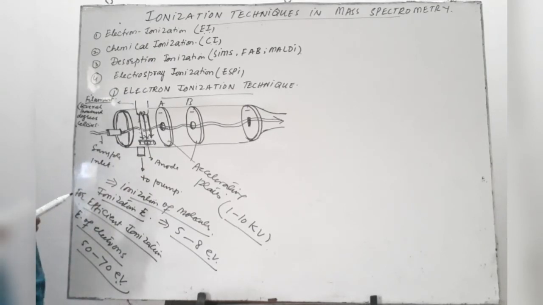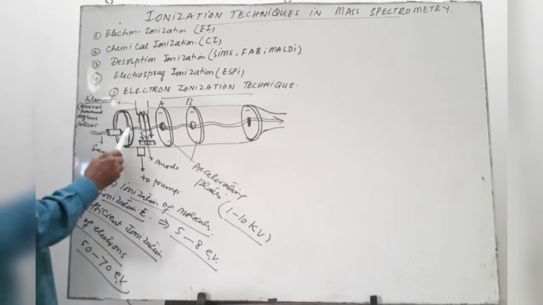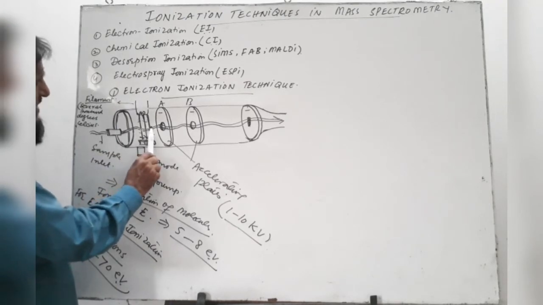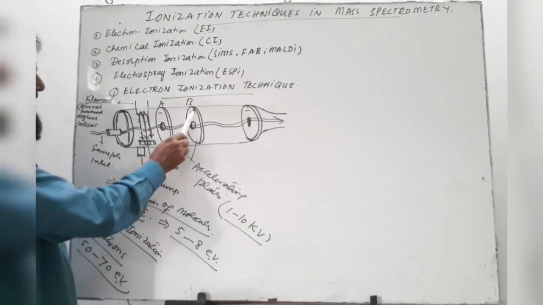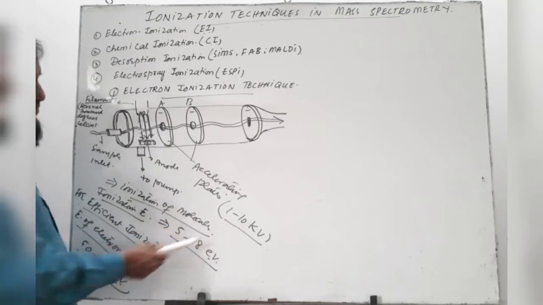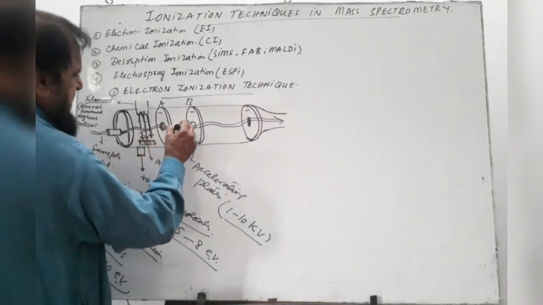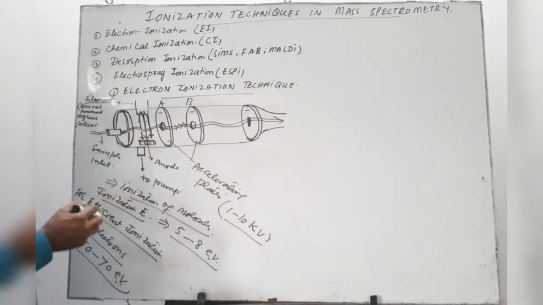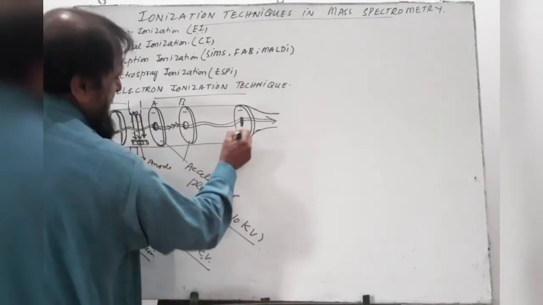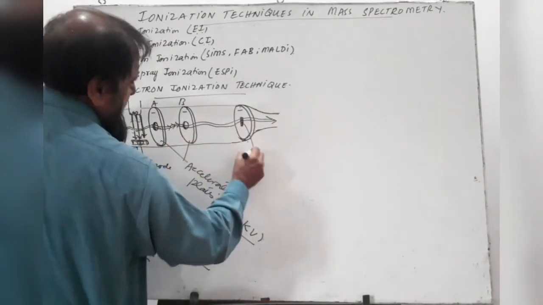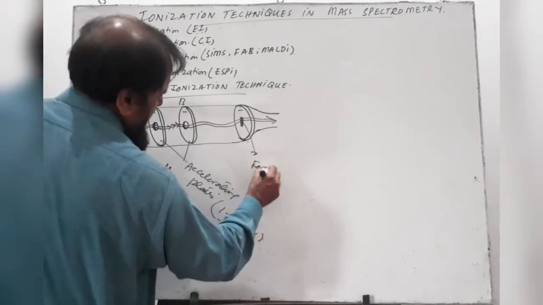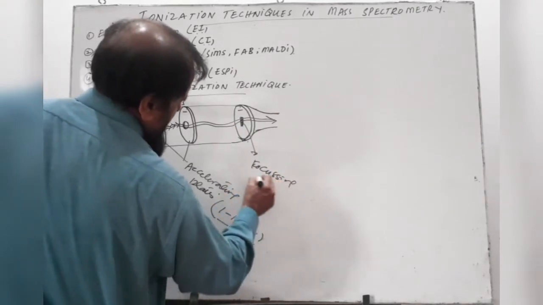The molecular ions are accelerated between these plates. Then there is a third plate which has slits in it, known as focusing slits.